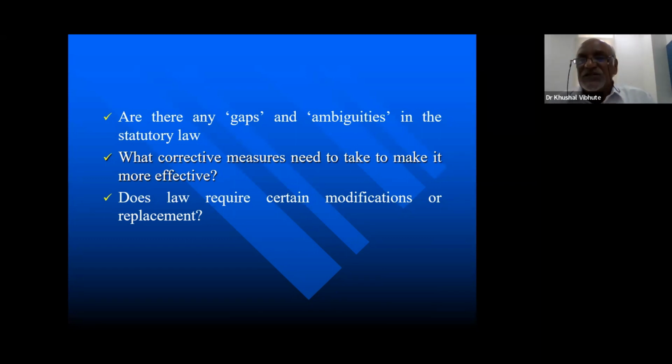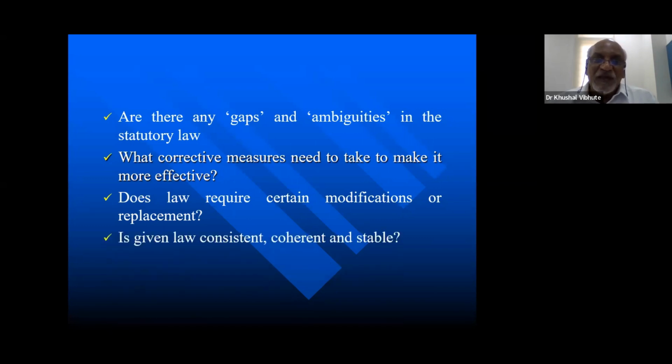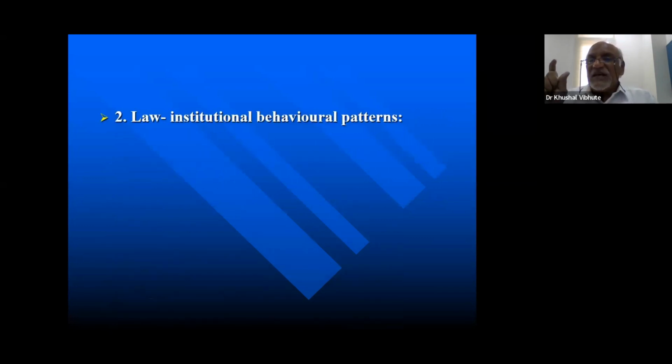Now, sometimes a legal researcher may not agree with the fact that law is a normative science. He looks at law as a behavioral science. Hope I'm reaching you. There may be a research scholar who does not feel that law is a normative science, but feels that it is a reflection of the behavioral patterns of the players in the domain of law.